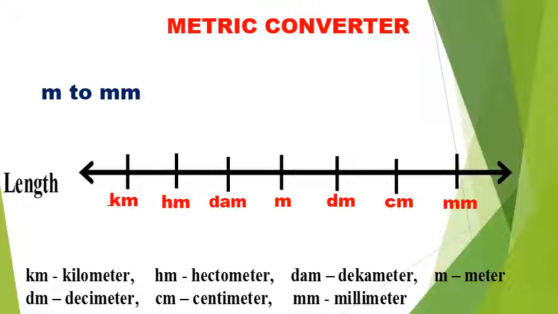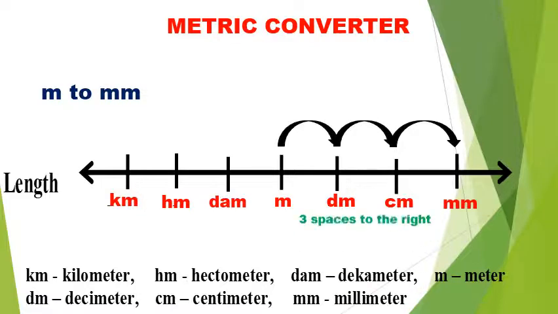So the distance from meter to millimeter is 1, 2, 3. So there are 3 spaces going to the right. So it is also very important to determine the direction from the starting unit to the ending unit.